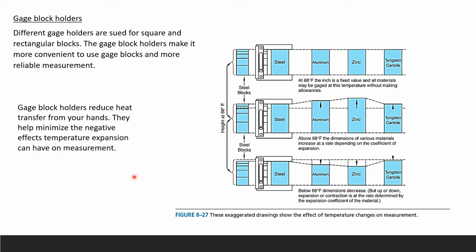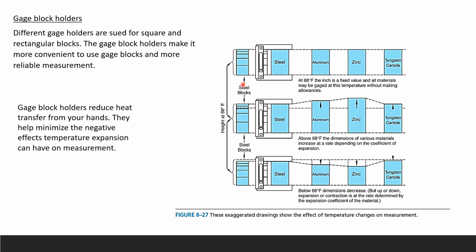So they help minimize the negative effects temperature expansion can have on the measurement. By removing the heat from your hand, the gauge block holder minimizes the negative effect the temperature from that heat can cause on your measurement.